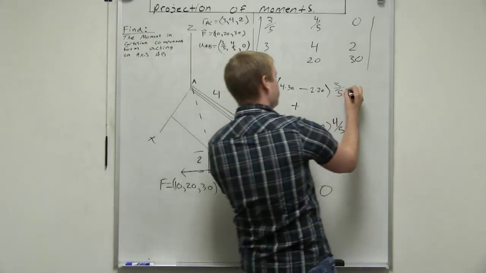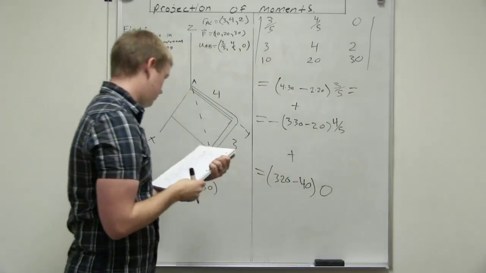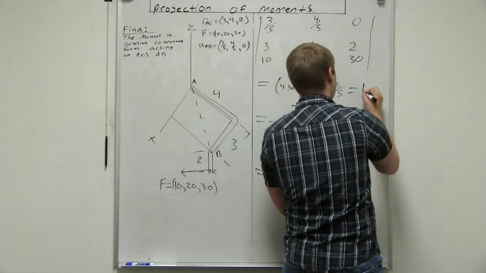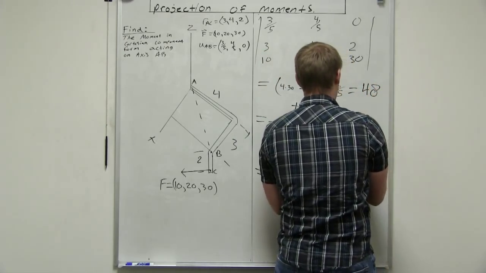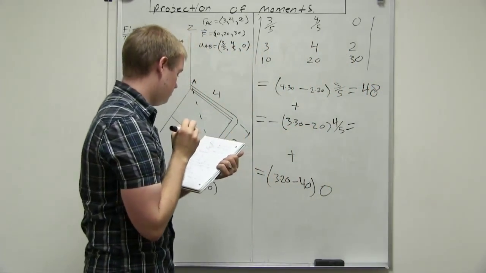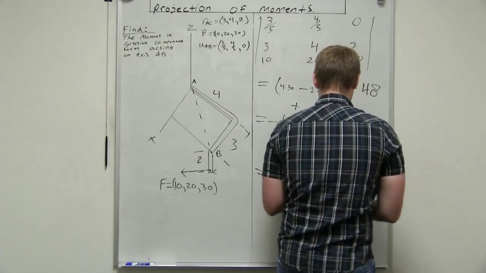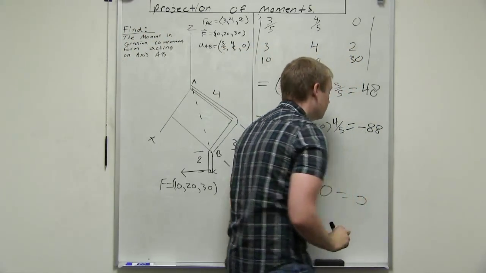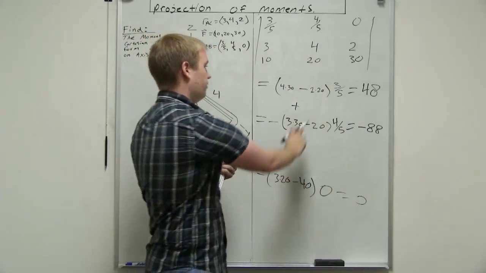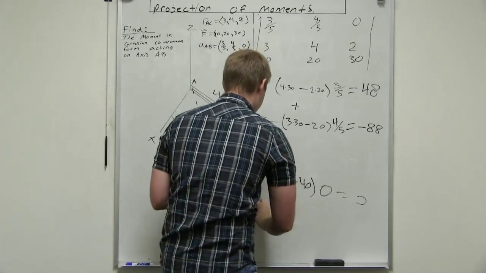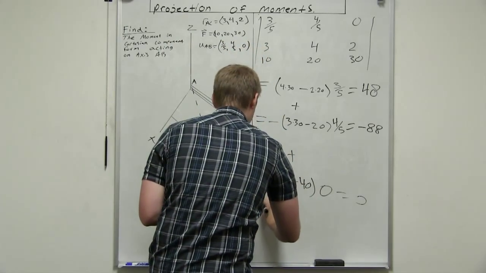So this over here is going to equal 48. And this over here is going to equal negative 88. And this one down here, of course, is going to equal 0. So what we have to do is add 48 and negative 88, which comes out to negative 40.